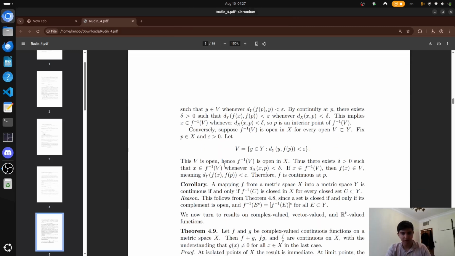This V is open, hence f inverse of V is open in X. Okay, sorry. Let me start from here.